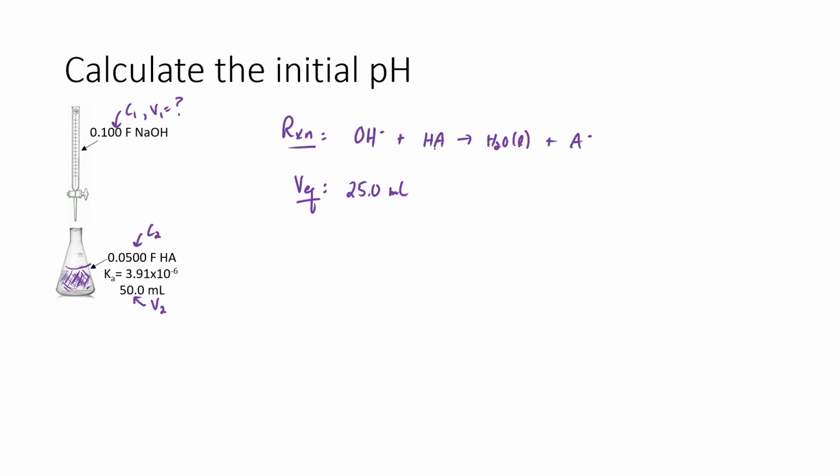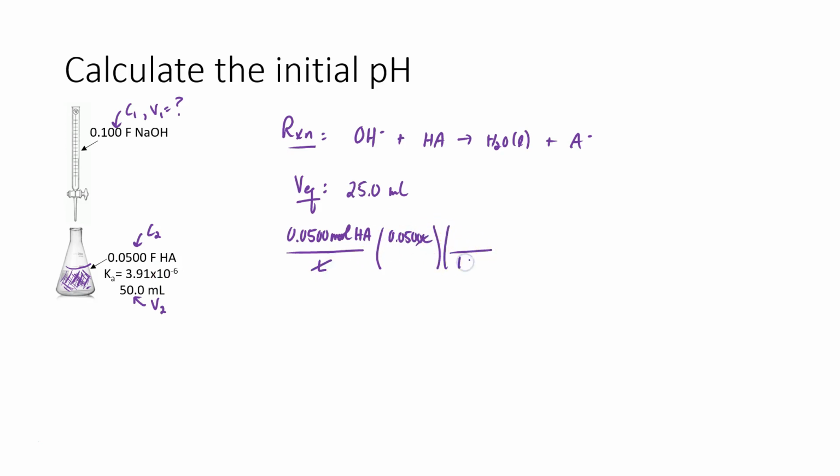The way that I calculate equivalence volumes when these numbers aren't so obvious is I use solution stoichiometry. If we have 0.0500 molar HA, that's moles of HA per liter, and if we have 50 mL, that's 0.0500 liters.